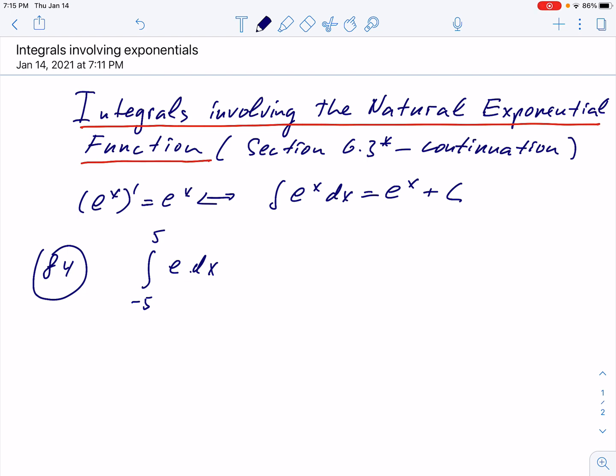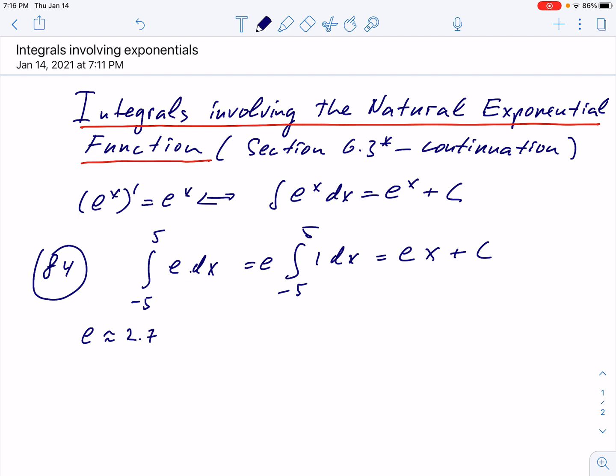E is Euler's number, which is approximately 2.7, and dx says to integrate with respect to x. Well, this constant we can pull outside, and we integrate 1 dx, which is just x, so we have e times x plus c.